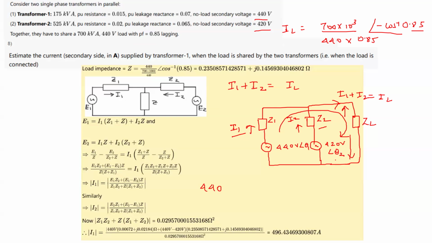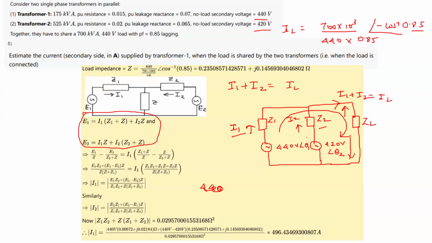This is the tricky part, because the voltages they have given are only magnitudes. This is another way of solving it. It's the same thing, but they have written it like this.